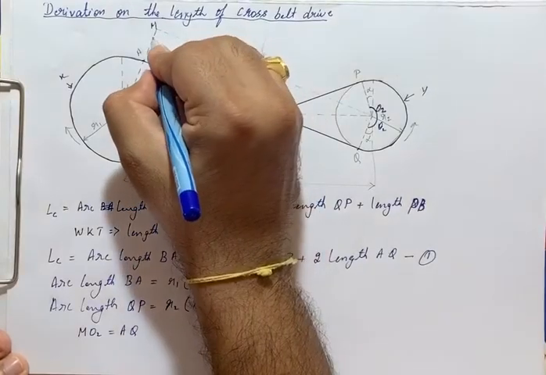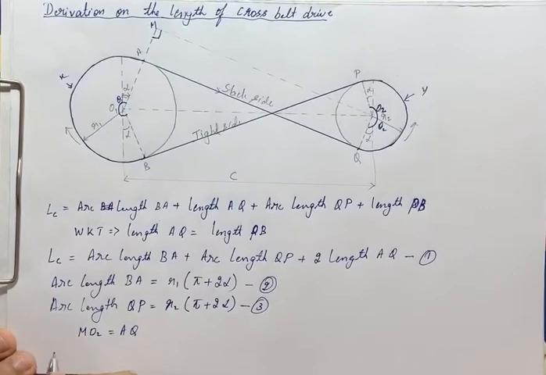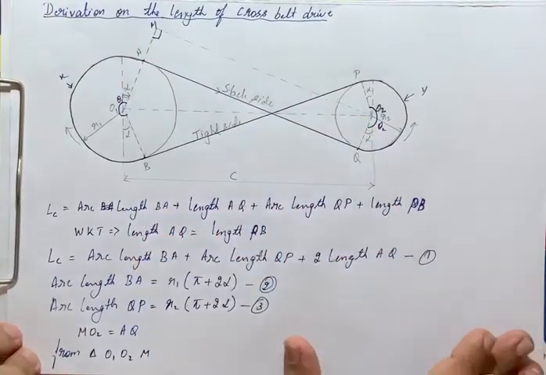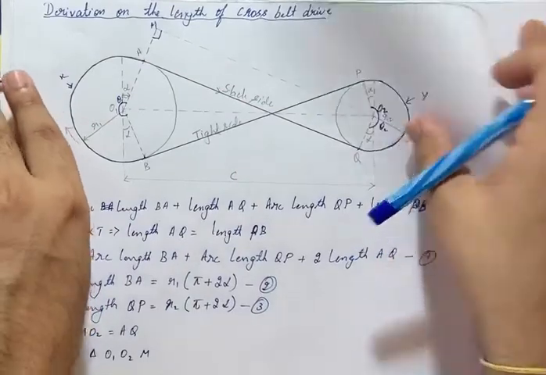So this becomes 90 degree here, right? From triangle O1 O2 M, we shall find out this length, that is MO2 here, so that MO2 is equals to AQ here, right?